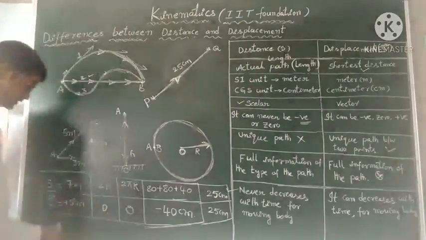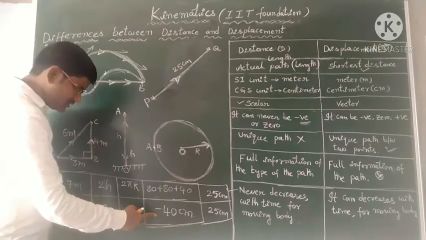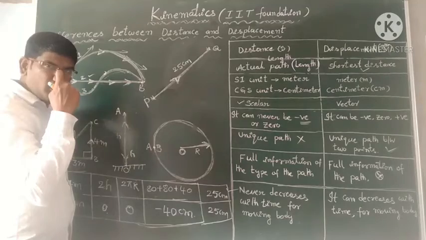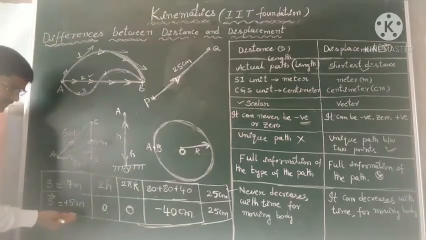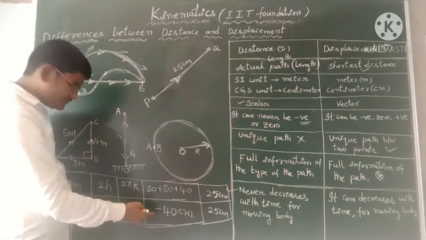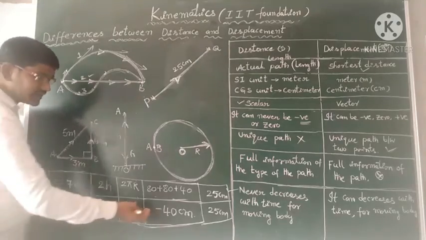See my dear students, sometimes you are getting negative value. If it is behind the initial point, then the displacement will say negative. The negative sign indicates the opposite direction. So it is positive here and zero here and negative here.